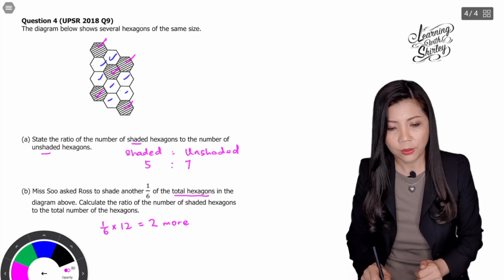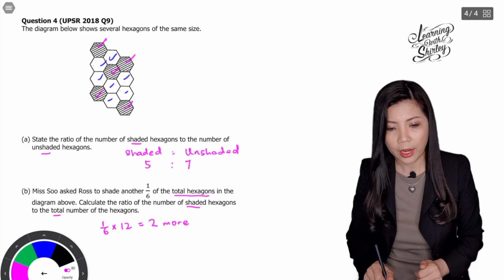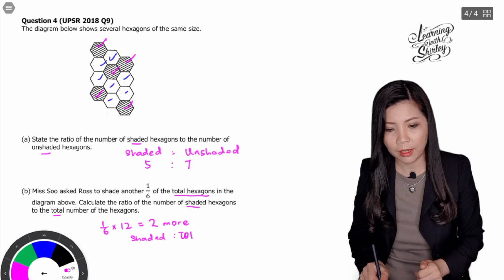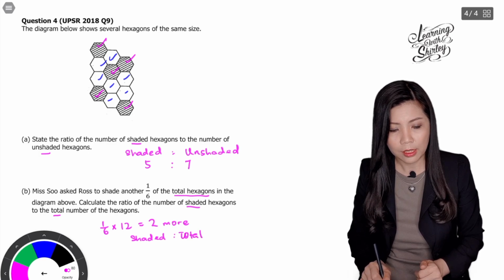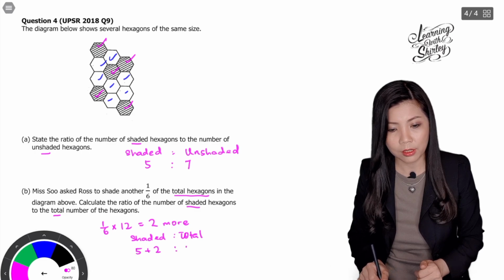Calculate the ratio of the number of shaded to the total. So now we have a new ratio, shaded to the total. Shaded will be 5 plus 2 more, and the total is still 12, and the final answer is 7 to 12. That is the final answer.